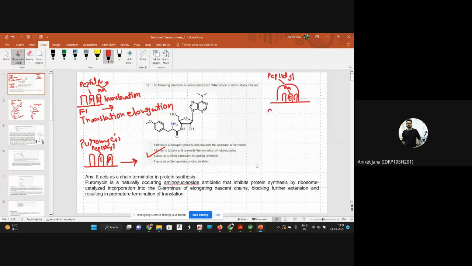Then after the translocation process, puromycin forms this bond with the peptidyl here, and the protein synthesis gets terminated. So in this way, it terminates the protein synthesis process.